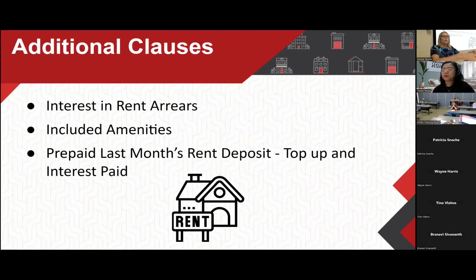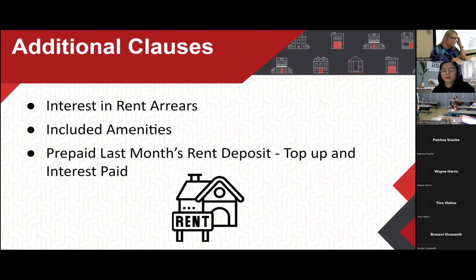We're going to talk about interest on rent arrears. That's a pretty standard one. On page 6 of 11, it's clause number 7.